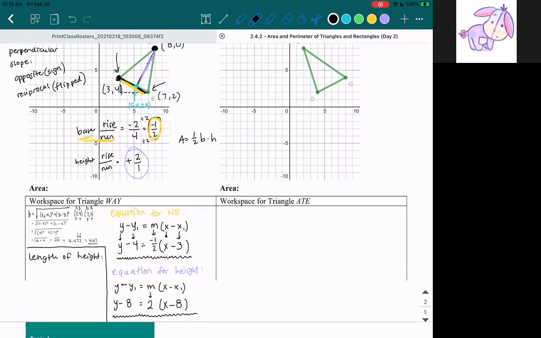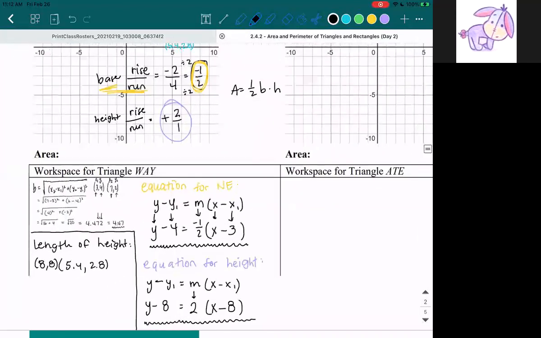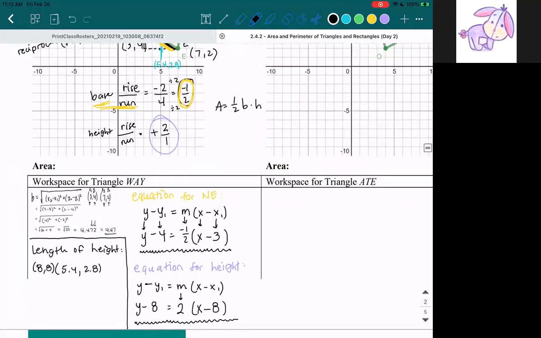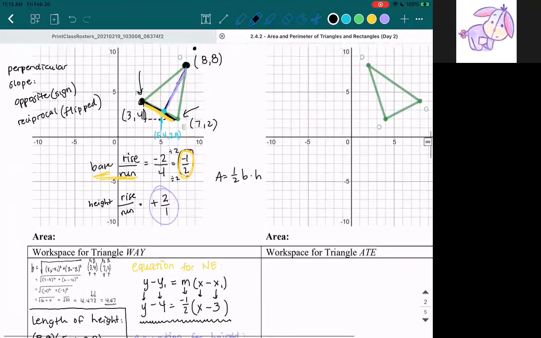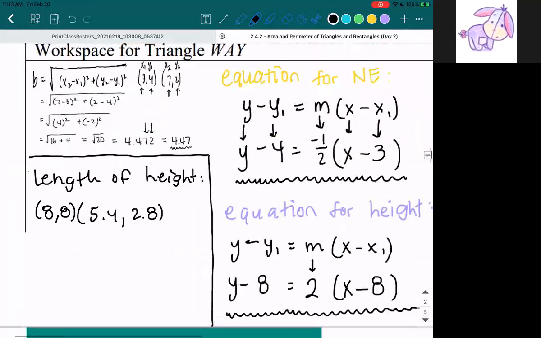So we just need to find the distance between these 2 points. 8, 8 and 5.4, 2.8. Okay, so I'm going to zoom in here to the extreme because I need space. So remember, 8, 8 and 5.4, 2.8, those are the endpoints of our purple height line. So this is our purple height line. 5.4, 2.8 is this blue dot that we just figured out. And 8, 8 was the original vertex of your triangle. So let's use those 2 points and use a distance formula.